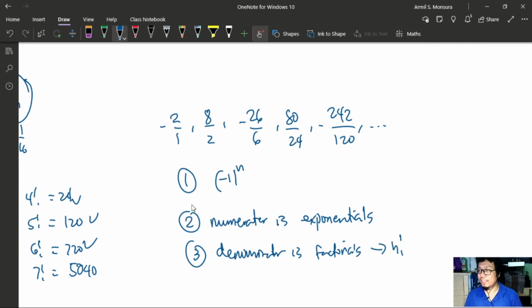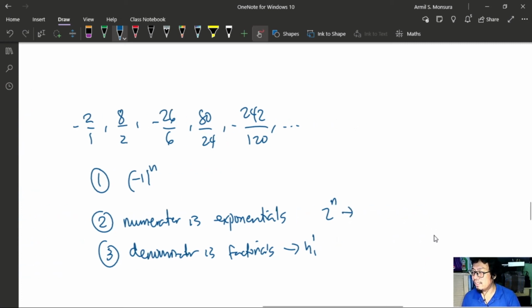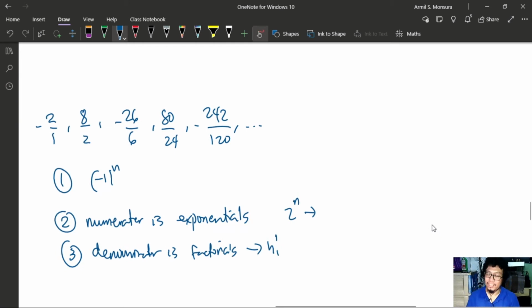Now, what we need to decipher is the numerator. Since this is exponential, you may try 2 raised to n. I started with 2 raised to n because the first term is 2. So 2, 4, 8, 16, 32, 64, which after the fifth term is not sufficient to catch up with 242. So this will not really be 2 raised to n.